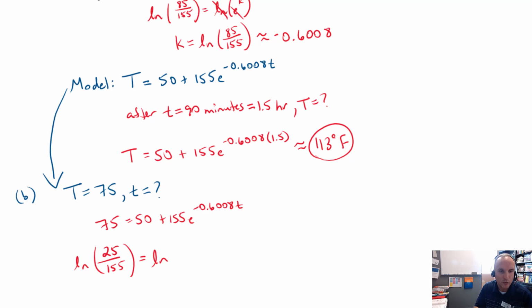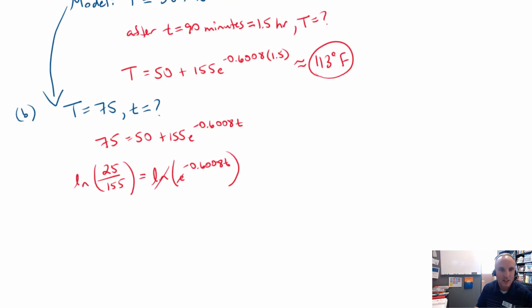So now we're at the point where we're taking the natural log of e to the negative 0.6008t. The natural log and the e cancel. And so we've got the natural log of 25 over 155 equals negative 0.6008t. And last, we just have to divide by the k value, negative 0.6008, to get our time.